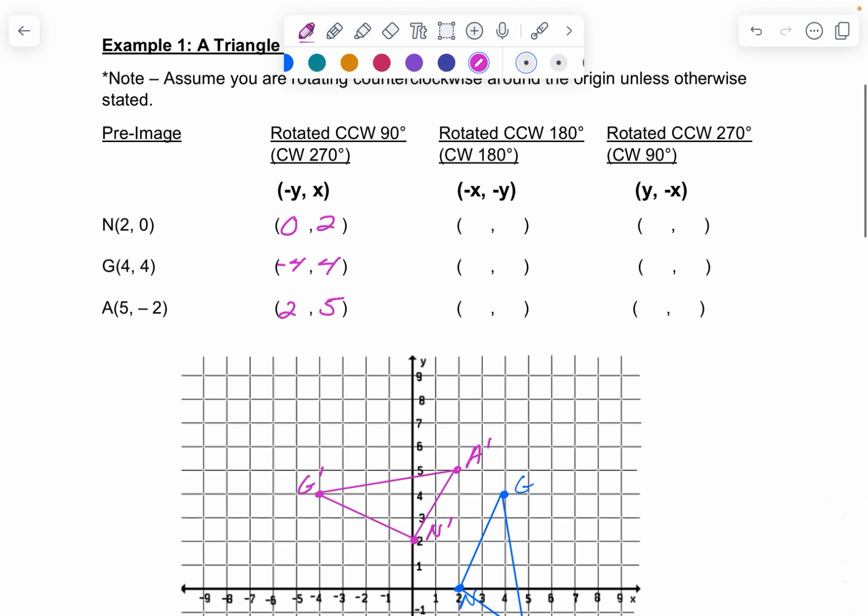Now the next one is rotating 180 degrees from the original, from the blue. So this one is going to be (negative 2, 0), (negative 4, negative 4), and (negative 5, 2).